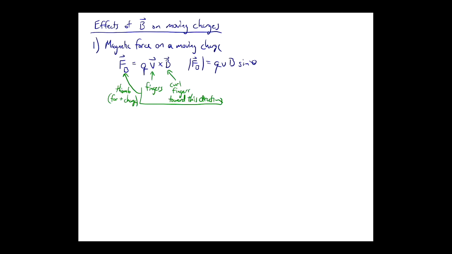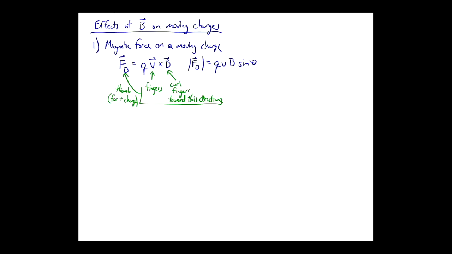I know some of you may do this a little differently, but maybe I'll take all four fingers of my right hand and point them in the direction of the velocity. The magnetic field is somewhere else, maybe over this direction, maybe up somewhere. I want to orient my hand so that when my fingers curl, they move toward the direction of the magnetic field.